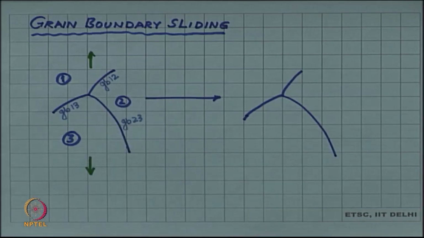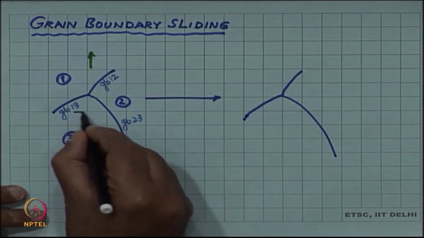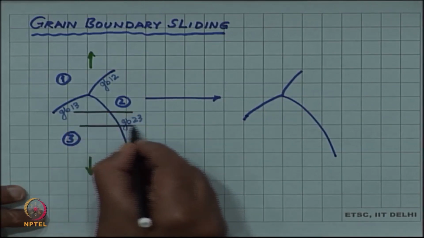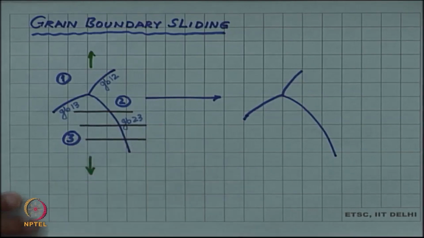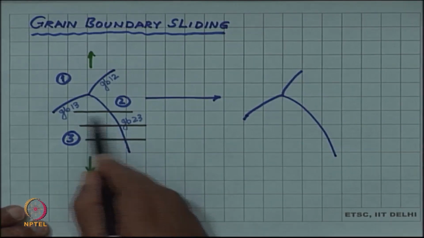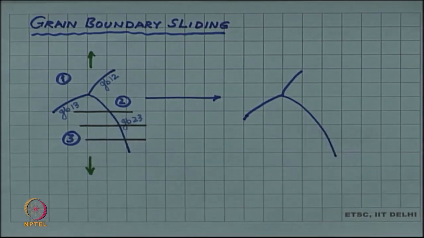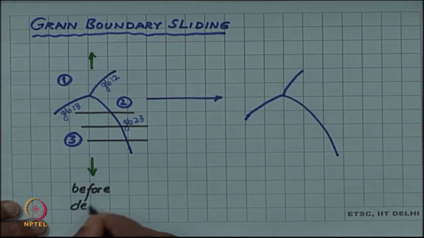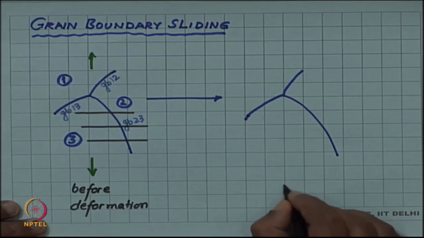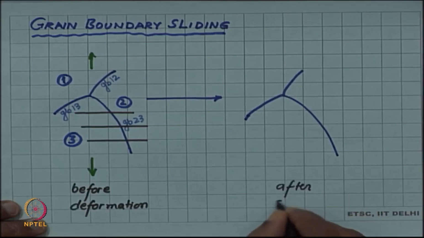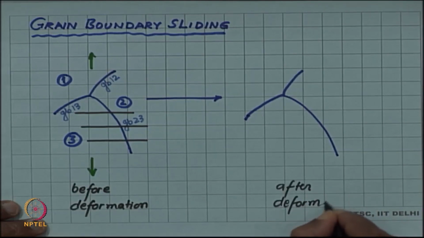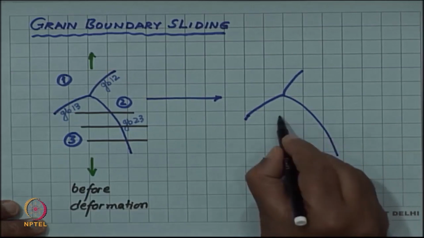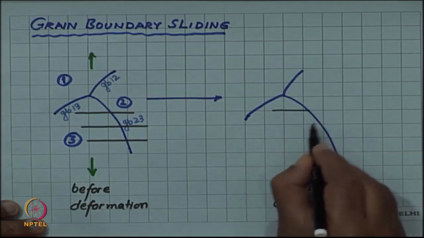This has been actually observed in experiments by drawing some test lines across the boundary. So, suppose I draw a test line across this boundary before deformation, which are continuous across the grain, then after deformation one finds that these lines have become discontinuous.